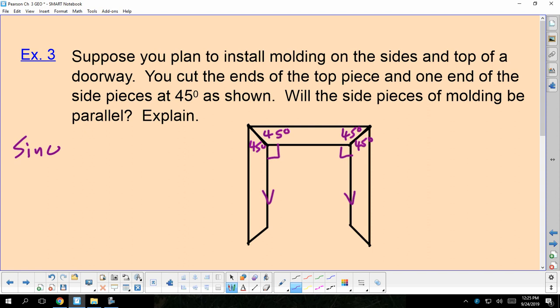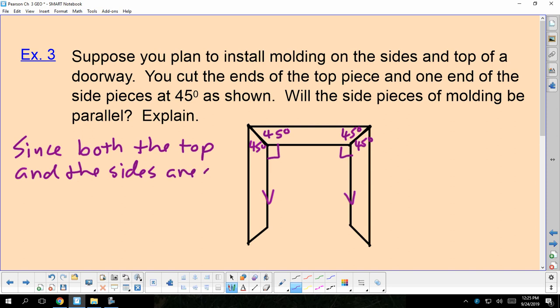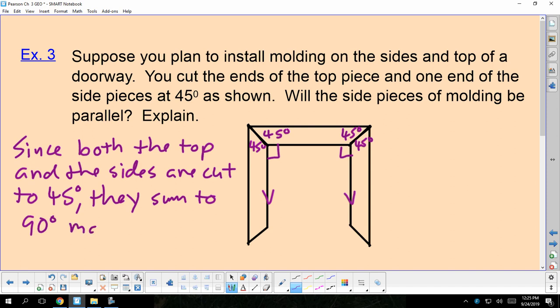Since both the top and the sides are cut to 45 degrees, they sum to 90 degrees, making them perpendicular.